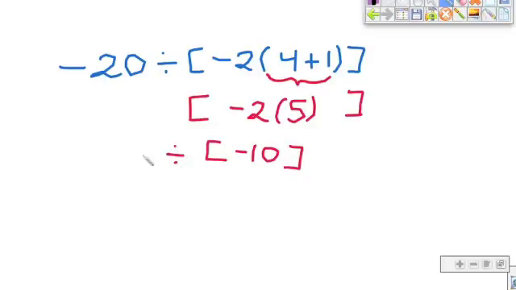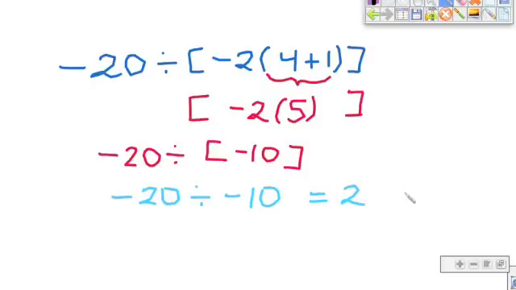Now at this point, I can bring down everything else. Well, now we can actually get rid of the brackets because there's really nothing going on in there besides just showing that there's a negative 10. So I can drop the brackets just to make this look a little easier on the eyes. A negative and a negative equal a positive, and 10 goes into 20 2 times. So your final answer is 2.